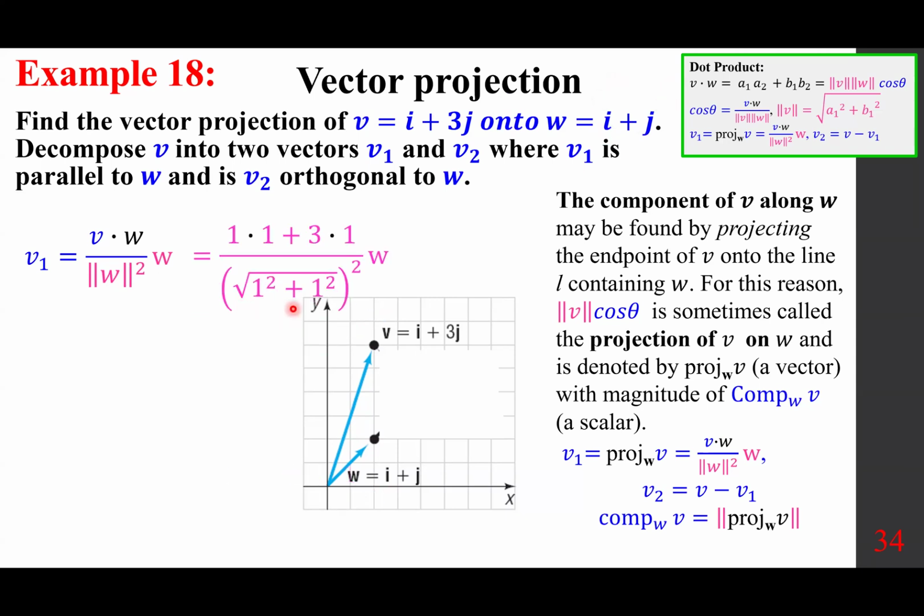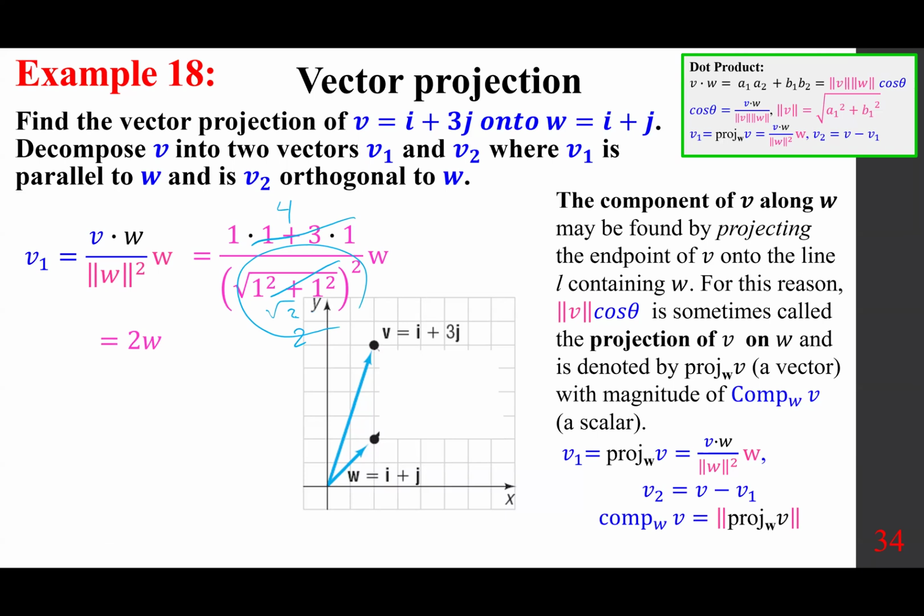So in other words, you don't use the radical, times W. So what happens is this is 1 and 3, 4, right? And this is the square root of 2, squared, you get 2. 4 divided by 2, you get 2W.